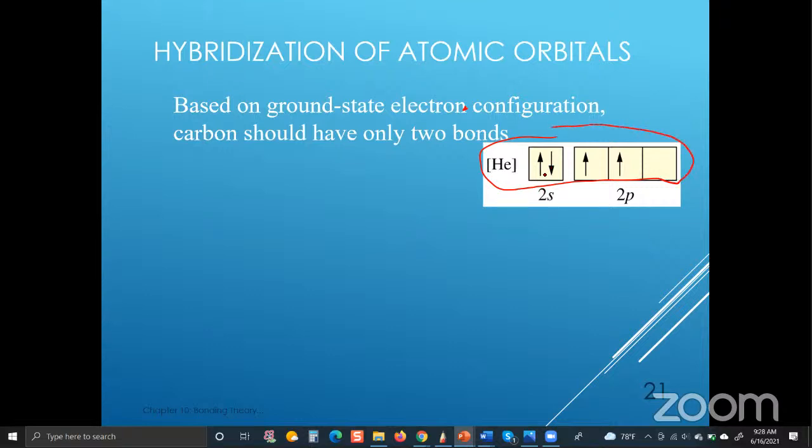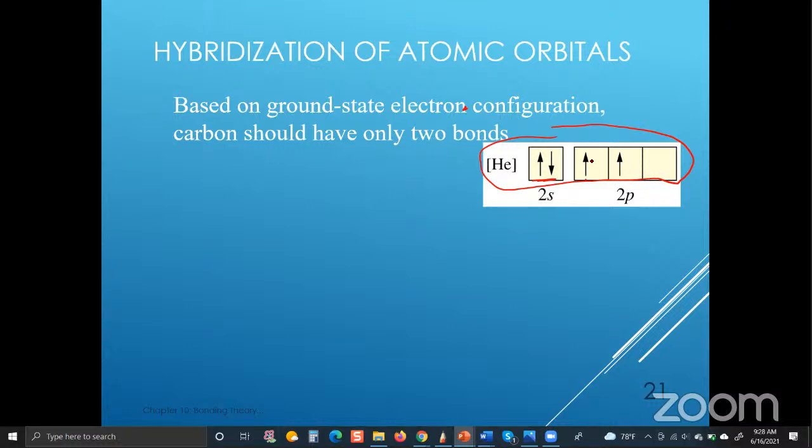And you'll notice that in the valence shell of carbon, you have 4 electrons, right? But 2 of them are paired in the 2s orbital and 2 of them are unpaired in two of the 2p orbitals.